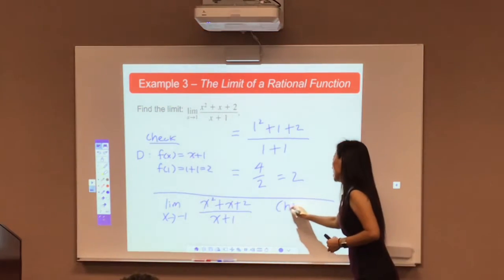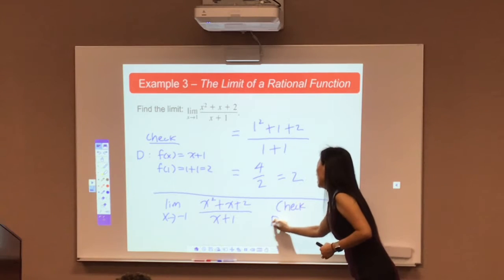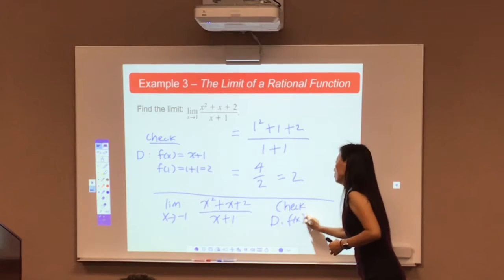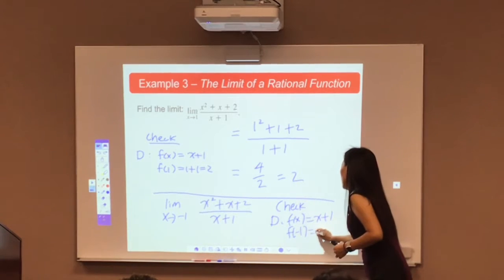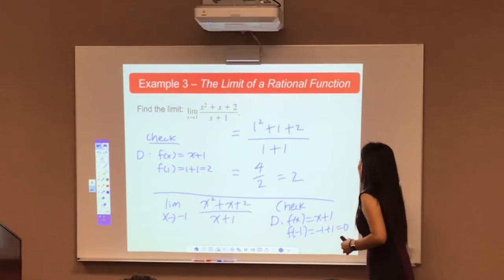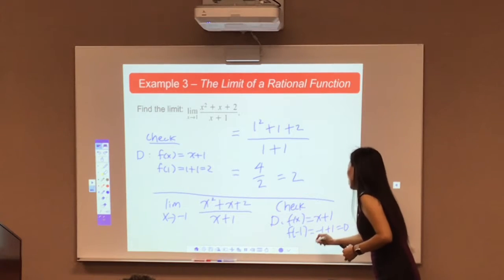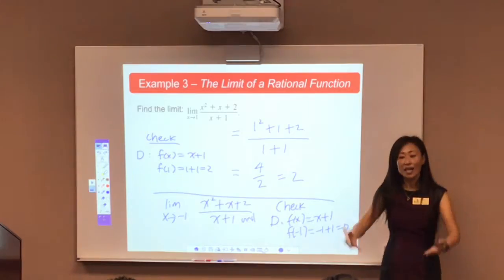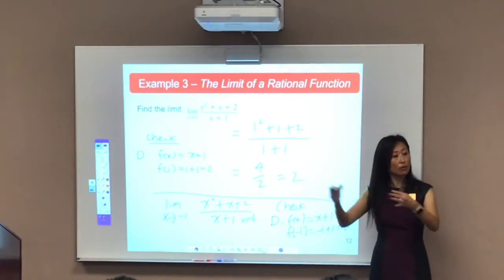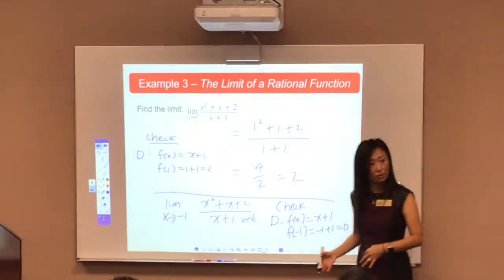Let's check. My denominator is f of x equal to x plus 1. If I plug in negative 1, it's 0. I get a 0, so it's undefined. I cannot do that, right? You get undefined here. So in that case, I've got to do it a different way. That's what I'm going to show you next. Is everybody with me? Yes.